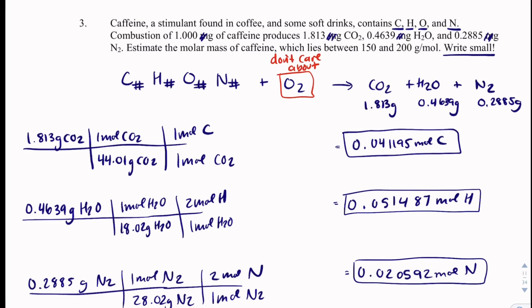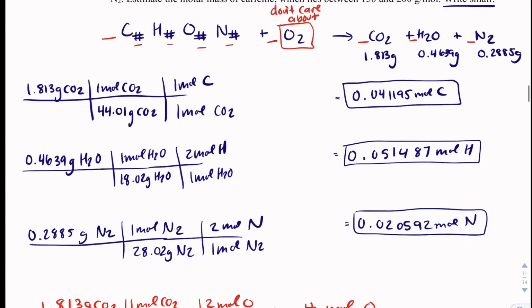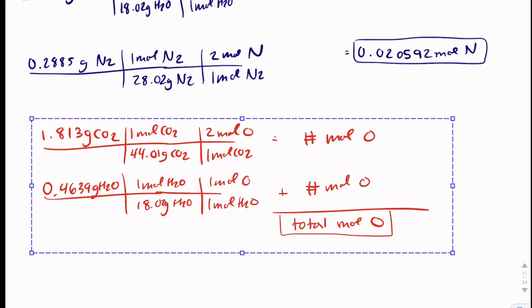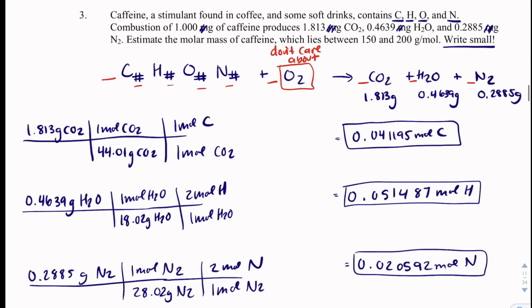And what you're going to struggle with is, because this is not a balanced chemical equation, because we don't know what these numbers are, the total moles of O is actually not important to us to solve this. So what we're going to do, and we do this a lot in chemistry, is we're going to recognize that we know a lot.